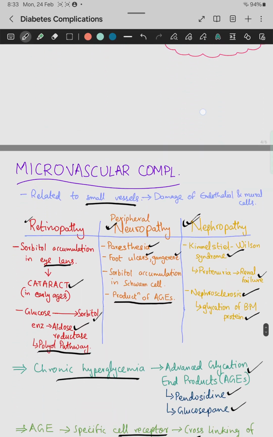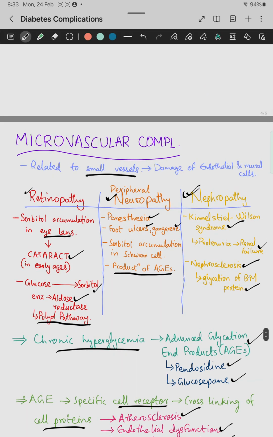Now the chronic complications. The first one is microvascular complications, related to small vessels. Three complications are seen: retinopathy, peripheral neuropathy, nephropathy. Retinopathy is due to sorbitol accumulation in the lens. Peripheral neuropathy is due to sorbitol accumulation in Schwann cells or production of advanced glycation end products.